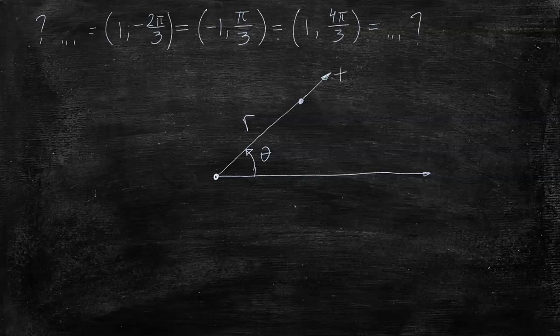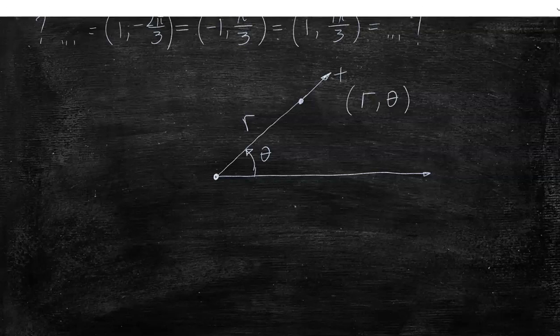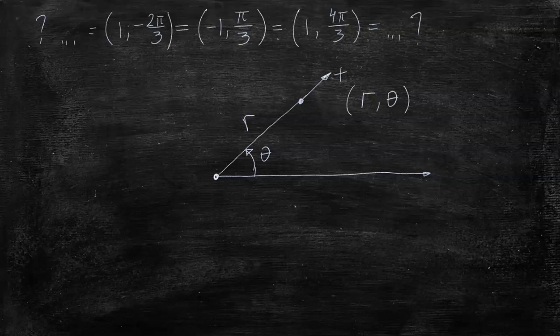So one way is to express it as r, theta. Alternatively, instead of measuring angle theta, we can push further and add another pi. So we can go theta plus pi.